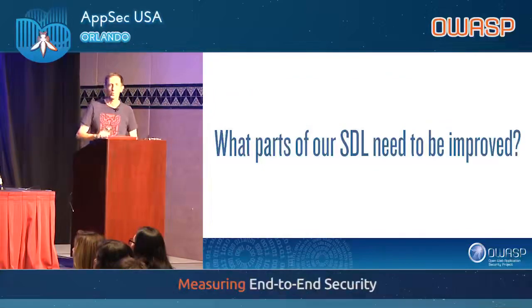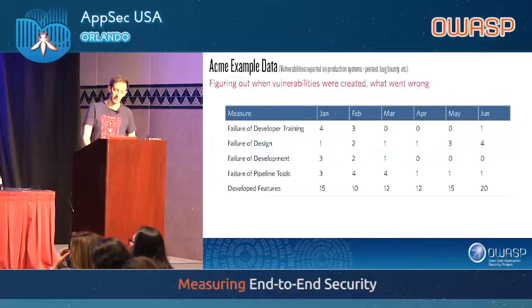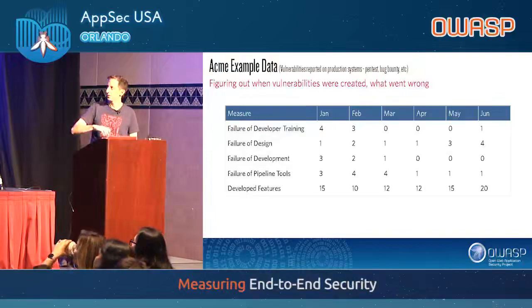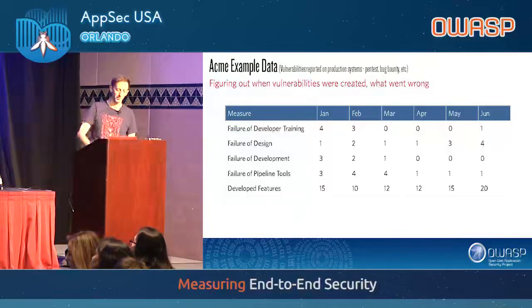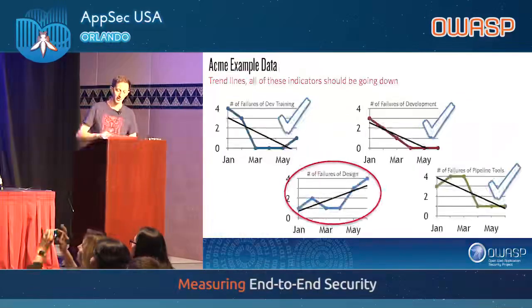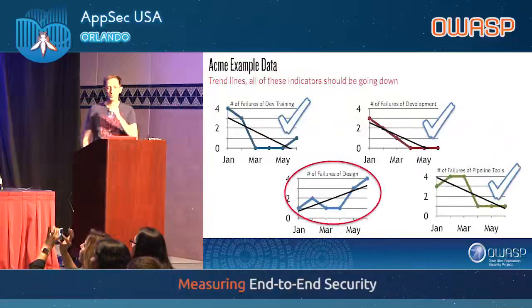Also important is, what parts of our SDL need to be improved. So you notice in the postmortem we asked what failed. And so we can map these numbers out to what parts of these failed, what features shipped with failed things, and then we can map that out with a trend line over time.